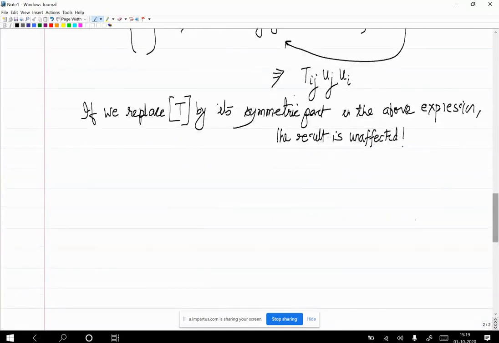Okay. So how to prove that? Basically, suppose that the symmetric part of T I denote by T_s. So T_s is the symmetric part.